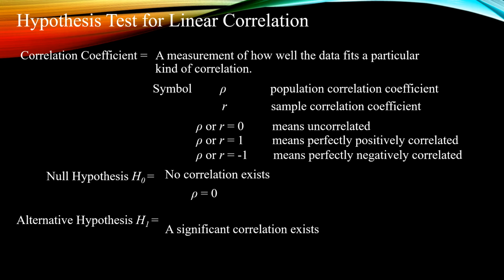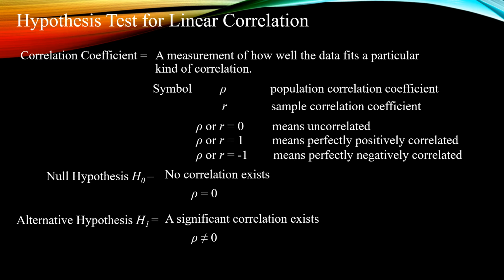The alternative would be that there is a significant correlation, that the correlation coefficient is not 0. It is away from 0, either close to positive 1 or close to negative 1, but definitely away from 0. So we can find evidence of either a positive or a negative linear correlation, depending on the sign of the calculated correlation coefficient value.